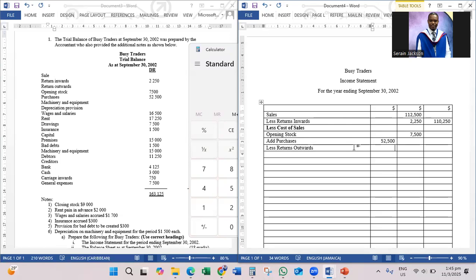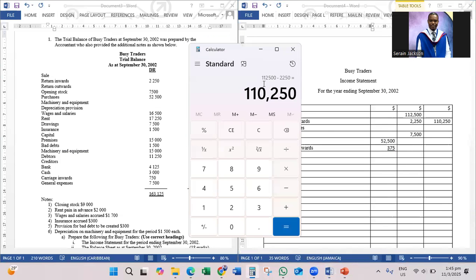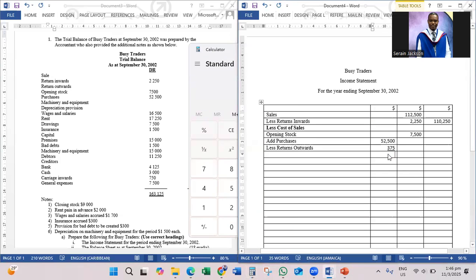So your less returns outwards, or we can call it what? Purchases returns. Always remember that. The returns outwards in this case is 375. So you're minus 375, and that would leave us with 52,500 minus 375, well, 52,125.